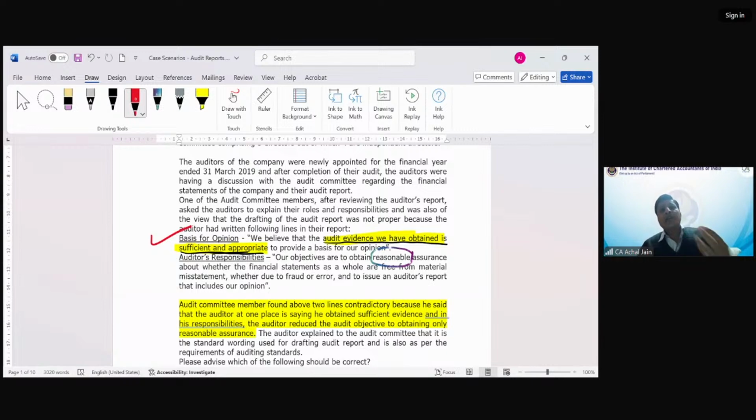Because whatever he was required to obtain, he has done that, and because of which he has been able to make this comment about reasonable assurance. If this was not made available to him, then the auditor would not have given reasonable assurance. In fact, he would have gone on to say that there are problems, there are misstatements or possible misstatements. Yes or no? All right, great.